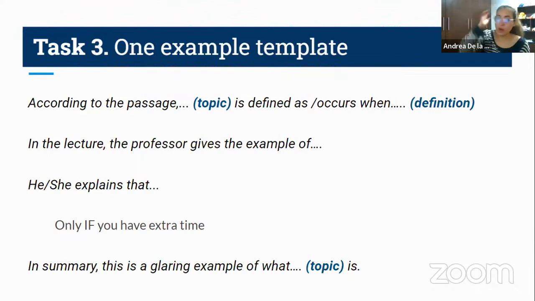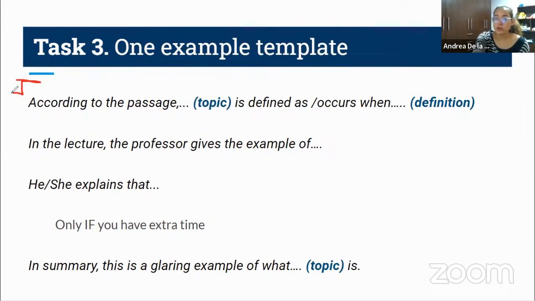Okay, so how do we explain the concept using the example? How can we structure our response? Remember that you have 60 seconds. We're going to start with a short introduction that is not supposed to be longer than 10 seconds.